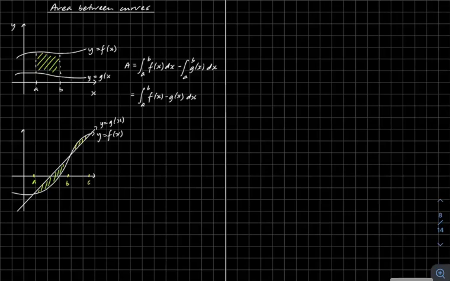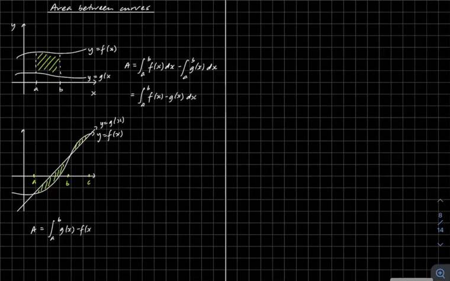So what we can see is that there's one section where g of x is above f of x, and then there's another section where f of x is above g of x. So I need to calculate my area with two integrals there. So between a and b, g of x is the upper curve, above f of x there.